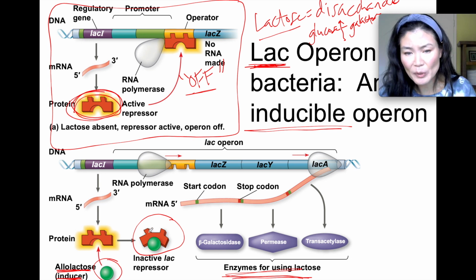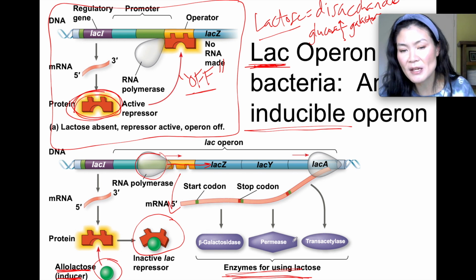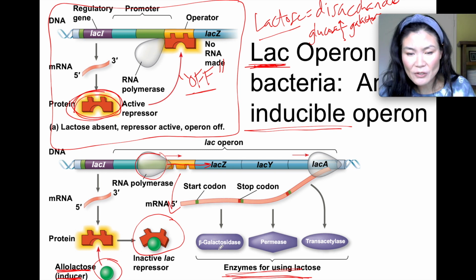It causes the repressor to change shape and pop off the operator, and now RNA polymerase has access to the promoter and can access the genes. It's going to transcribe these genes, so mRNA is going to be made. By translation, the amino acid chains are going to be made that make these proteins: beta-galactosidase, permease, and transacetylase.